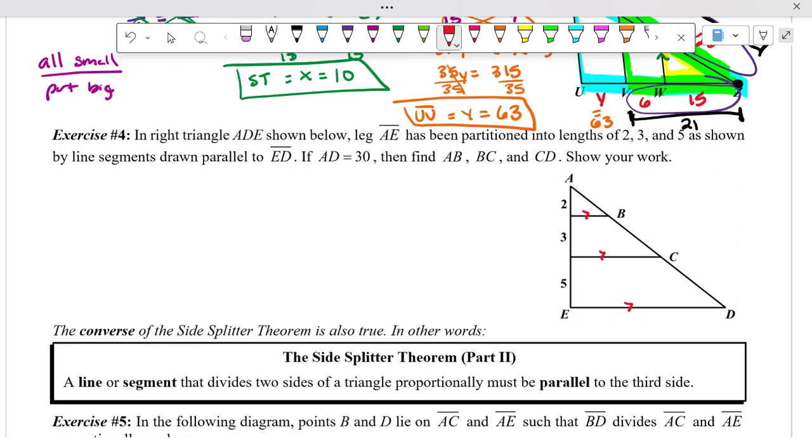It says that AD is 30. And they want us to find all of these other lengths. So let's call this X, Y, and Z.